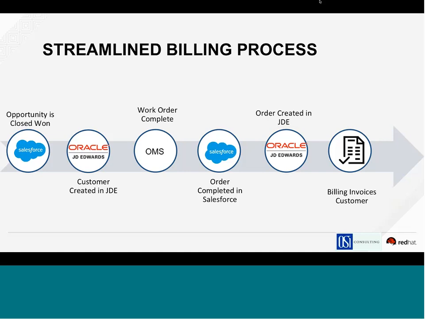The service engineers can go and raise a work order inside their OMS system, which is their service order management system, and of course, the customers can then track their orders within Salesforce, and the billing and invoices need to be generated in their ERP system.